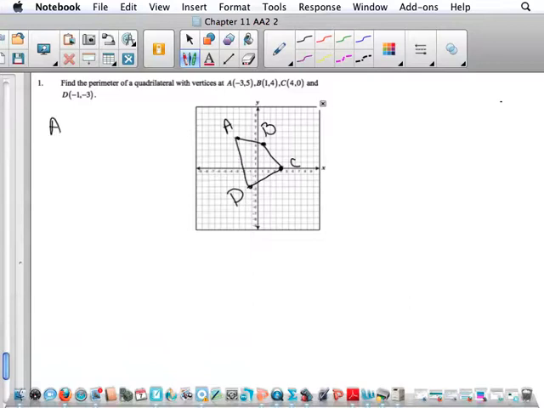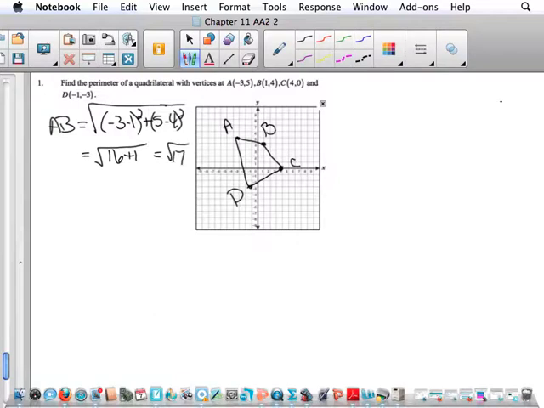So AB is equal to the square root of (-3 minus 1) squared plus (5 minus 4) squared. So that would be -4 squared is 16 plus 1, the square root of 17. Then BC is equal to the square root of (1 minus 4) squared plus (4 minus 0) squared.